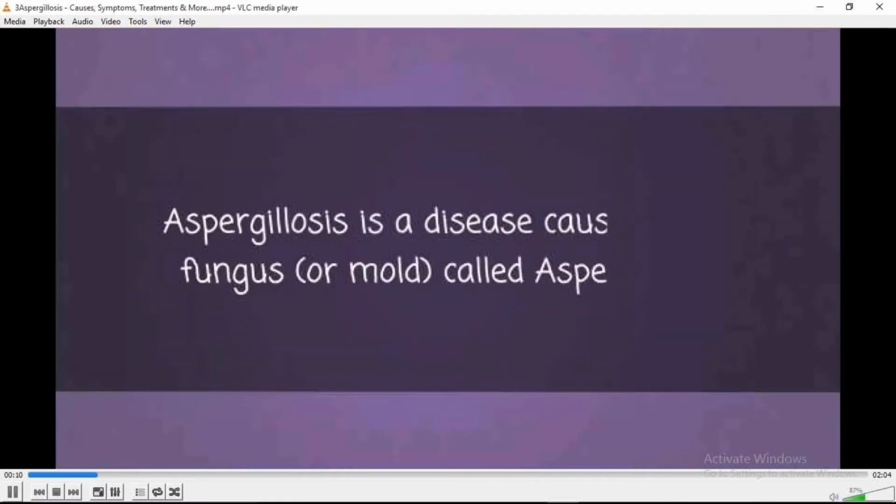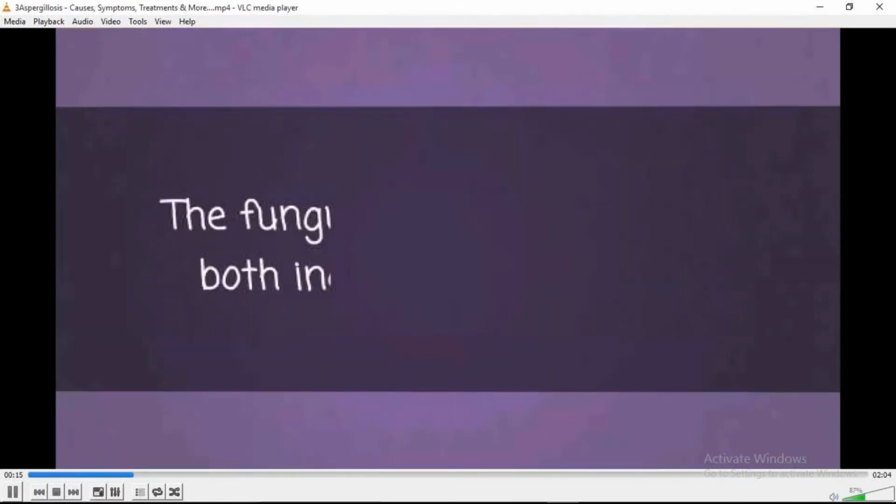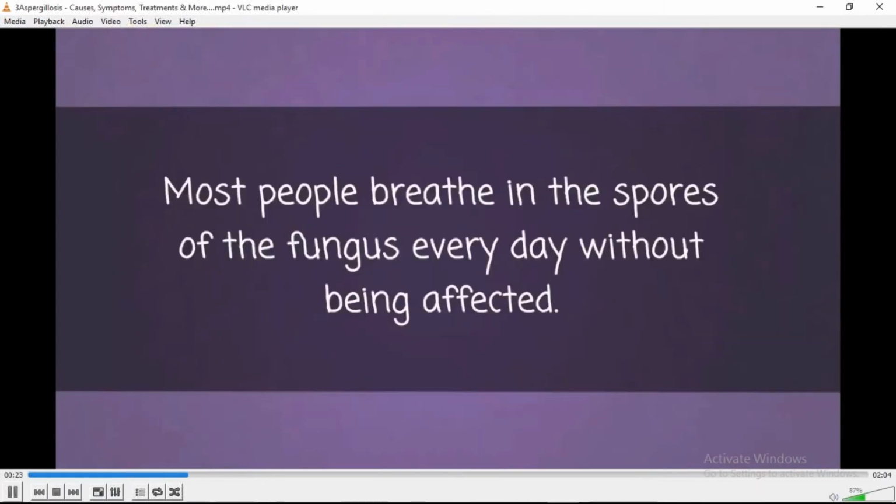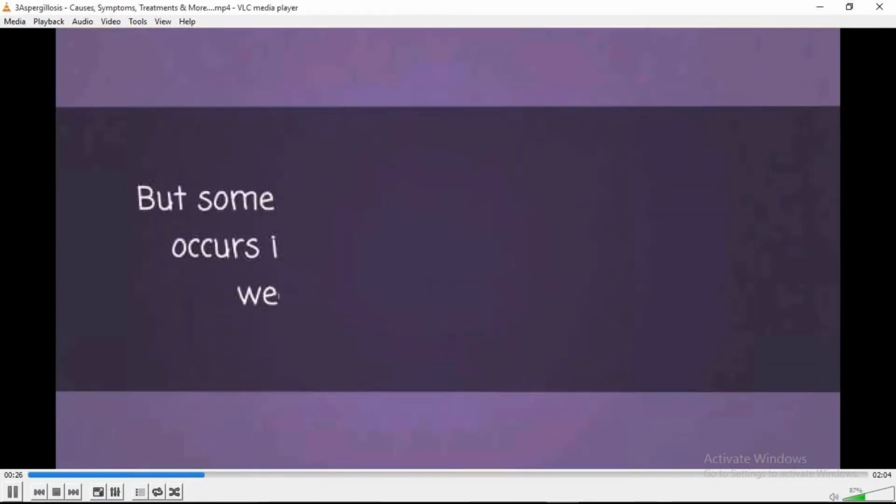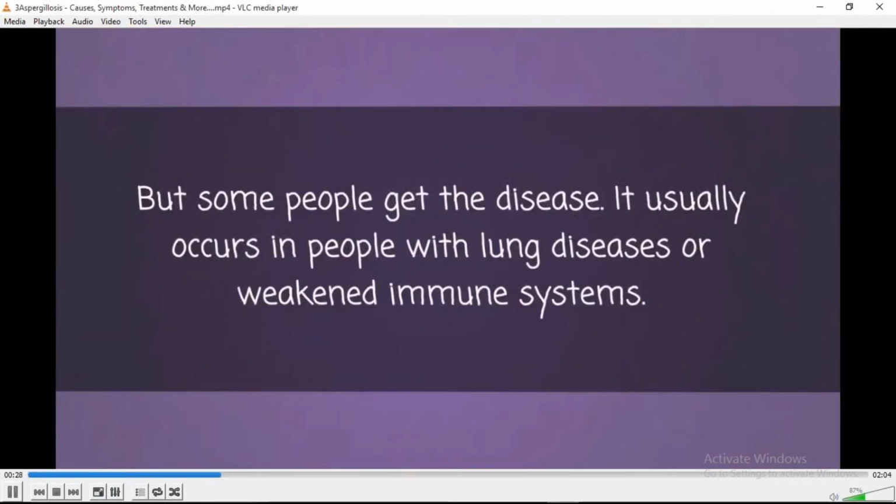Aspergillosis is a disease caused by a fungus or mold called Aspergillus. The fungus is very common both indoors and outdoors, and most people breathe in the spores of the fungus every day without being affected. But some people get the disease. It usually occurs in people with lung diseases or weakened immune systems.